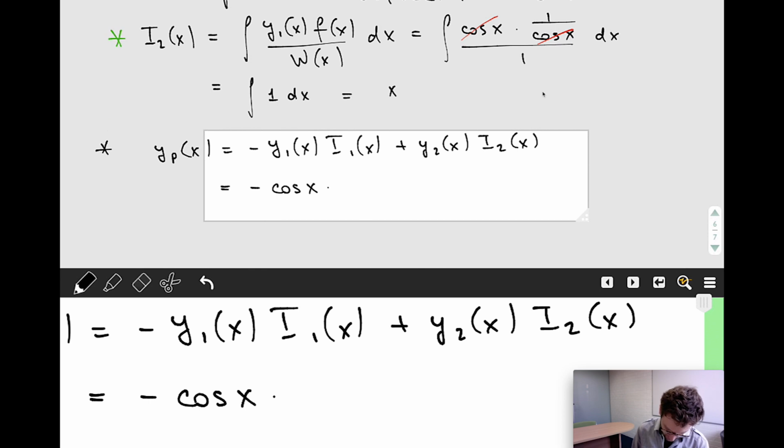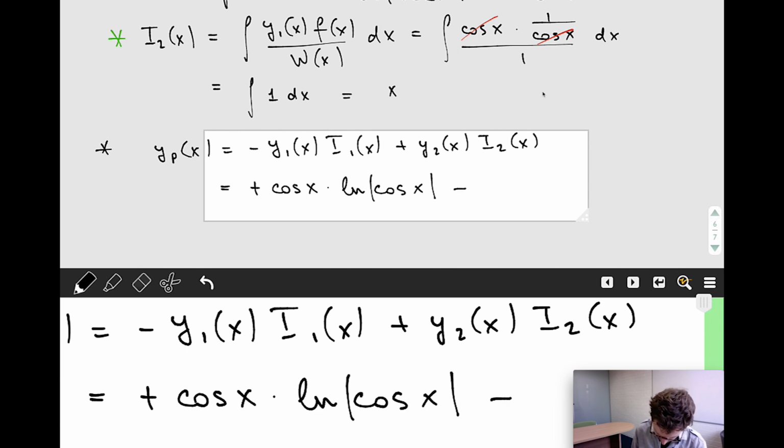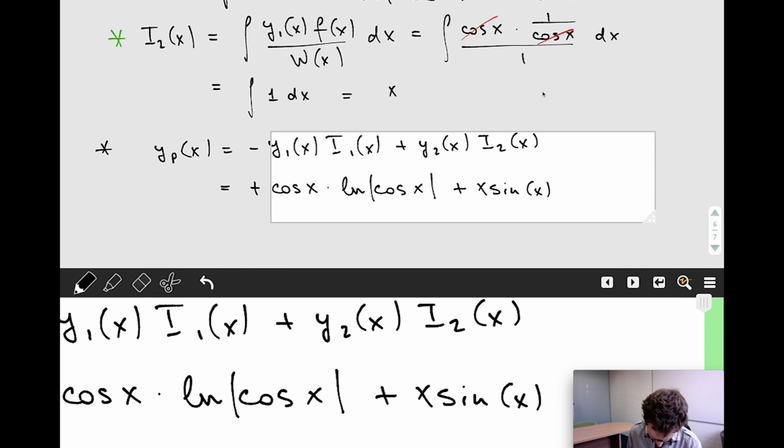We saw that I1 was natural logarithm of the secant, or minus the natural logarithm of cosine. y2 was sine of x, and I2 was just x. Let's put that in.